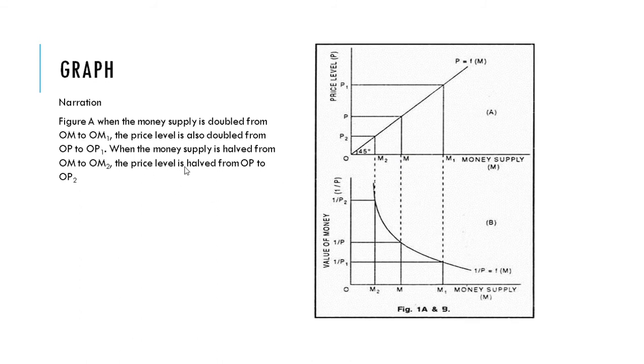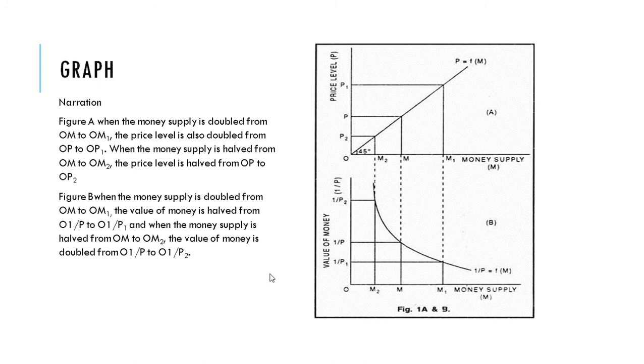The price level is halved from OB to OB2. That means the quantity theory is directly proportional. The money supply is directly proportional to the price level. And this is our curve: price level is a function of money supply.